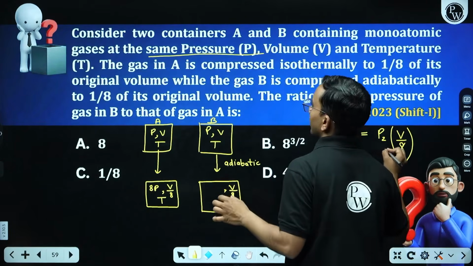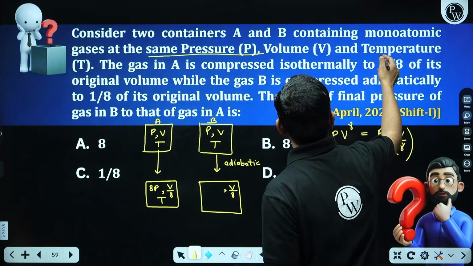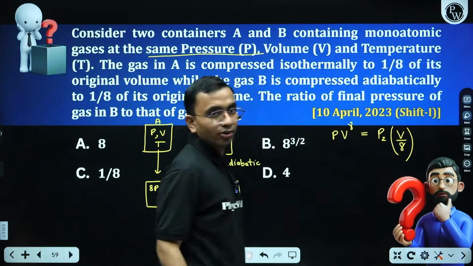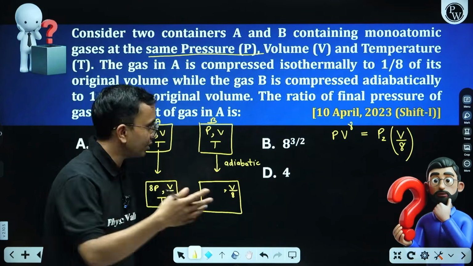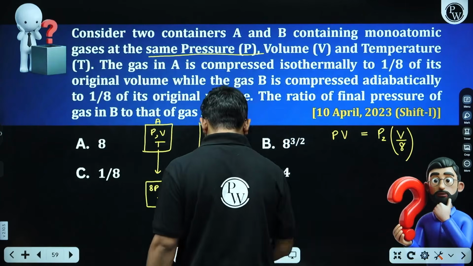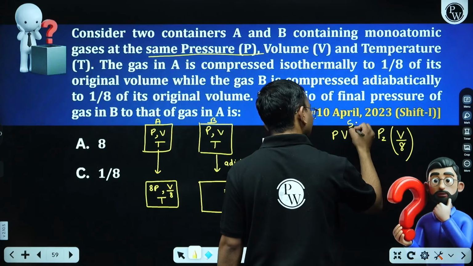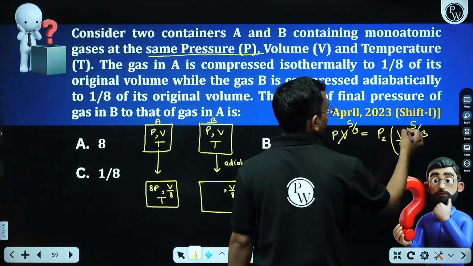What is gamma, by the way? This is a monoatomic gas. Gamma is 5/3. Cp is 5R/2, Cv is 3R/2, so 5/3. This gets cancelled.